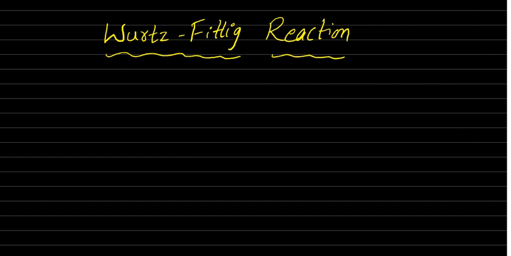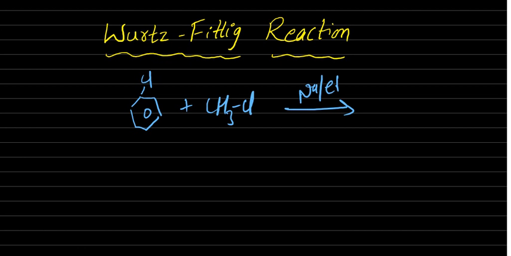Next, the Wurtz-Fittig. Here we are taking aryl halide plus aliphatic halide in the presence of sodium and ether, giving toluene. Yes, toluene. The aliphatic part is the methyl group and the other part is aromatic.